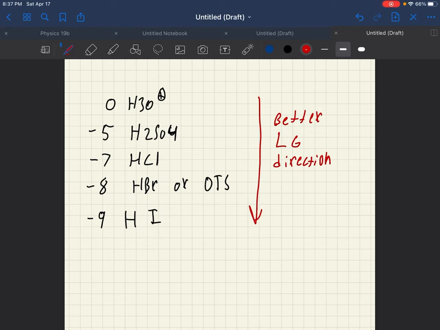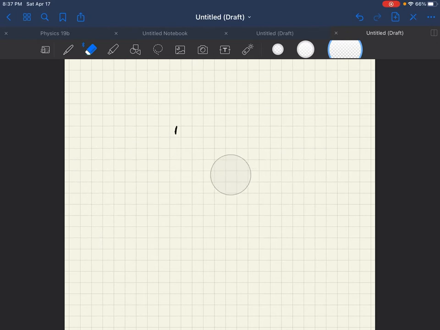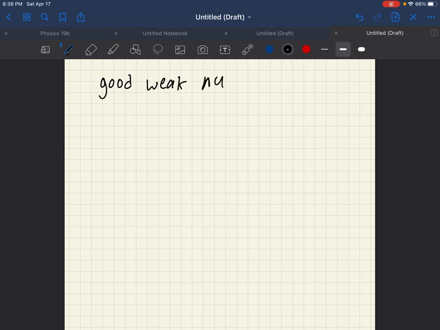Also, I should note, when it's a good weak nucleophile on a secondary carbocation, it can go either way, and the solvent is critical. I forgot to mention this: if it's one of those weak, good nucleophiles on a secondary carbocation, it can go either way, SN1 or SN2. These good, weak nucleophiles are your iodine, bromine, chlorine, RSH, and those are the ones.